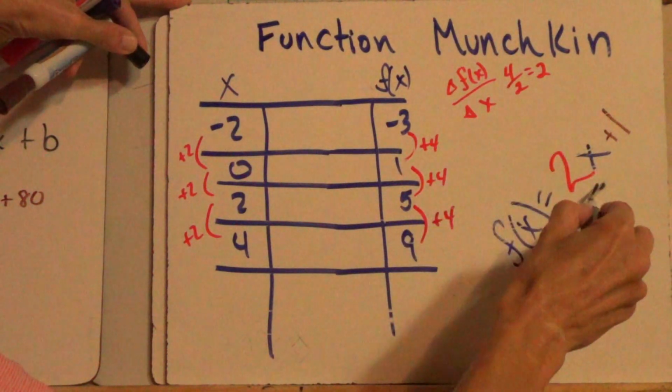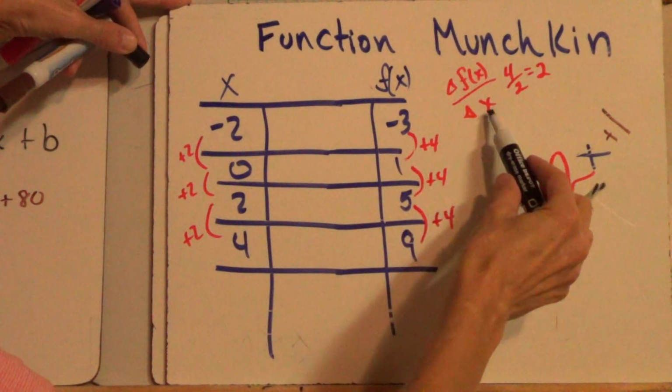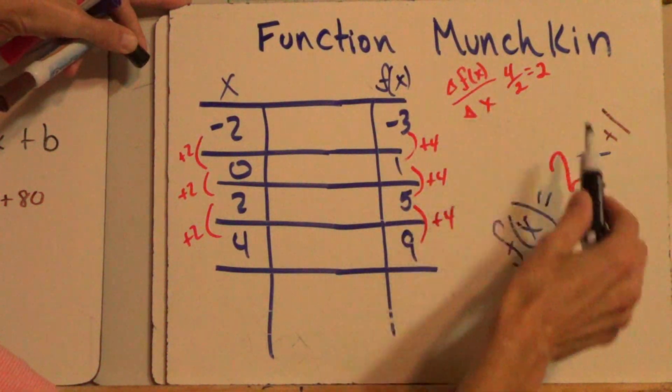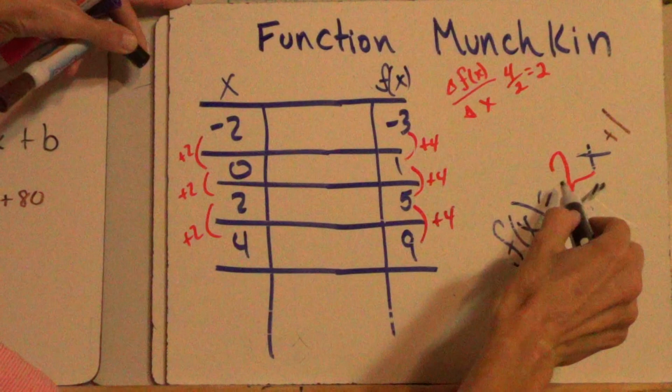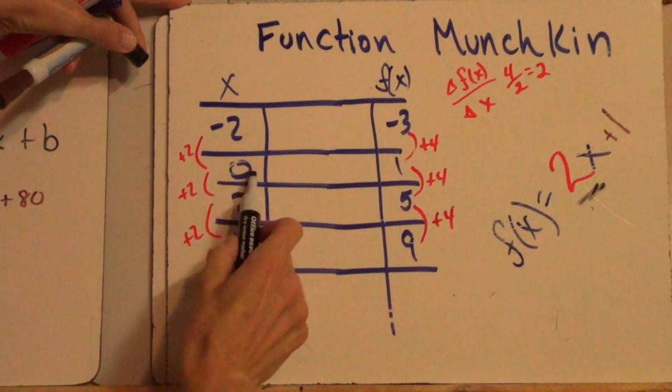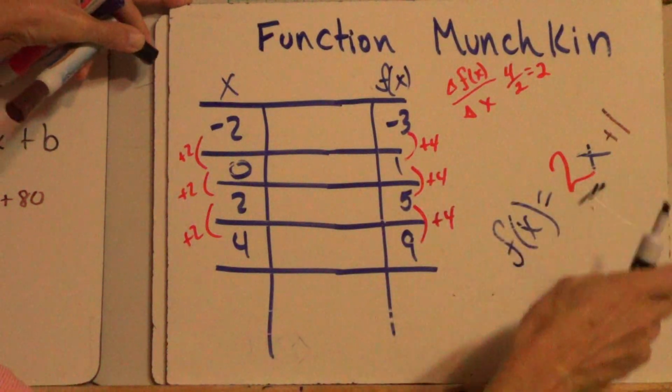That is your slope. Your change in y over your change in x, or you might have heard the words rise over run, that's your slope. And then you always add where you're at the y-intercept, the 0, whatever value that is, that's your b.